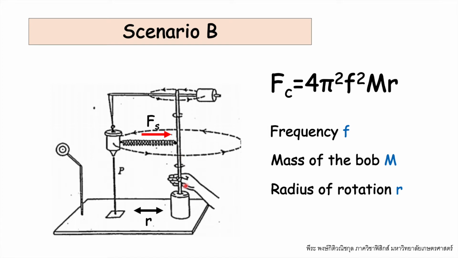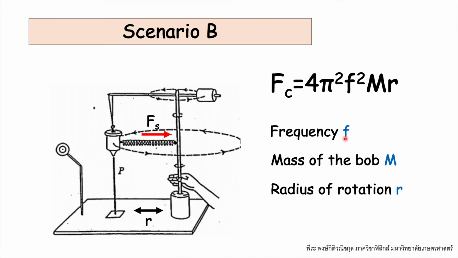We spin it fast enough so the spring extends and shares the same length as the one in scenario A. Since the bob is moving in a circle and it's only the spring force that is horizontal, the spring force is the centripetal force. The formula for calculating the centripetal force is shown here.